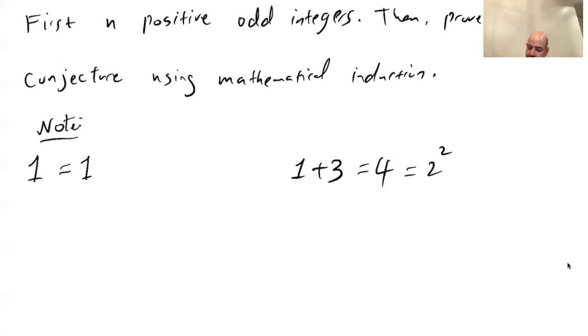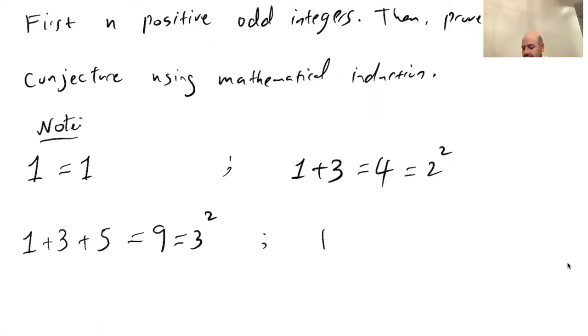And then if I look at the first three odd integers and add them, 1 plus 3 plus 5, that's 4 plus 5, which is 9, and 9 is 3 squared.